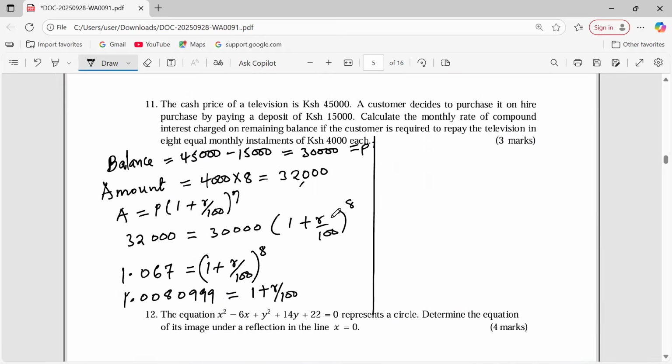So we can subtract 1 and have 0.008099 being equal to r over 100.